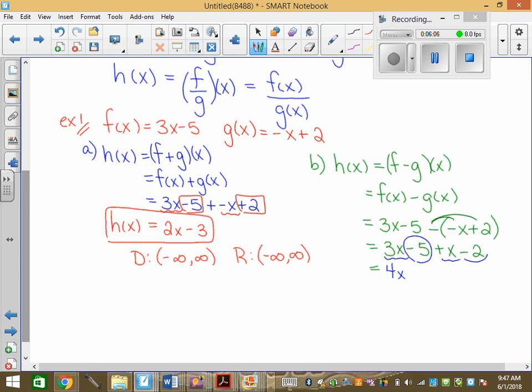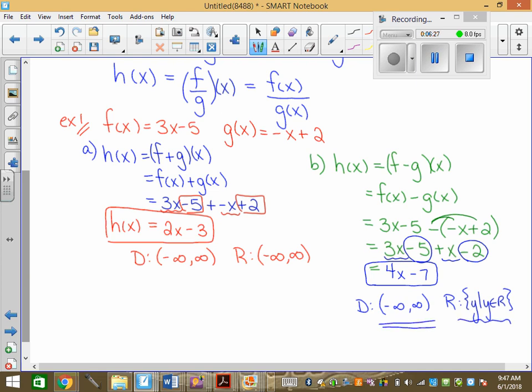Minus 5 minus 2 is minus 7. So it's a line as well. So what are we going to do? Graph it, and then we know our domain is x element of real numbers, y element of real numbers. So remember, this is set notation. This is interval notation.